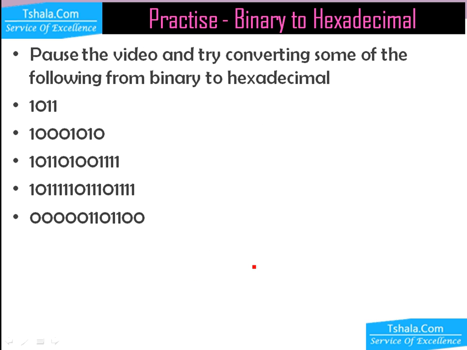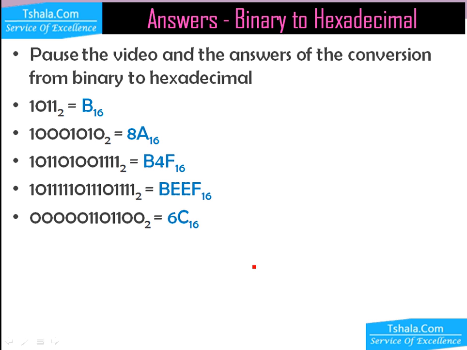Now pause the video, practice converting some of the following binary numbers to hexadecimal. Okay, now let's check the answers. If you have everything there, that's fine. If you don't have the same answers, please double check.